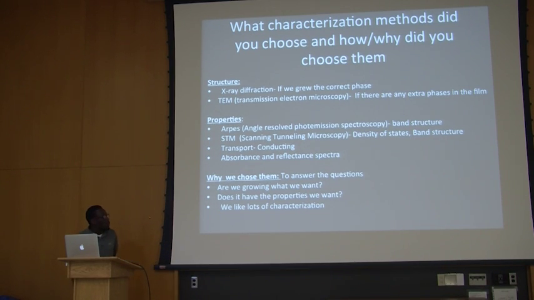The reason is, are we growing what we want? The XRD and the TEM will give us that information. Does it have the properties we're looking for, which are the band structure, the density, the conductivity and reflection? And we'd like to see a lot more characterization on this particular material, since it has never been done before.